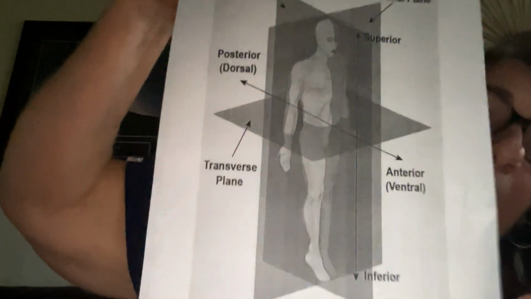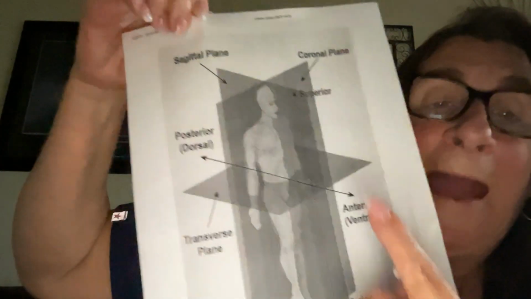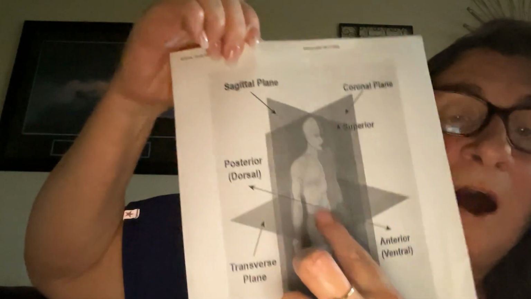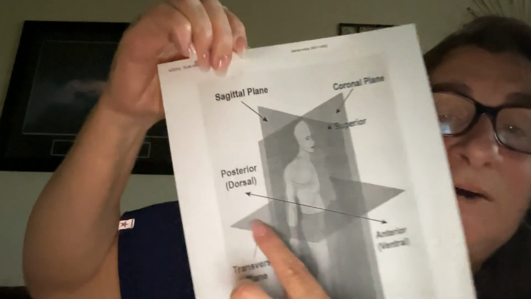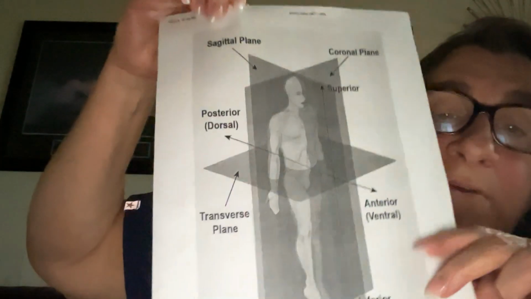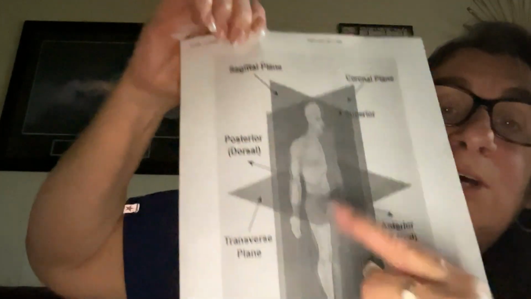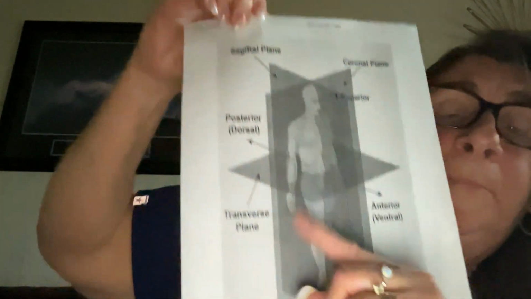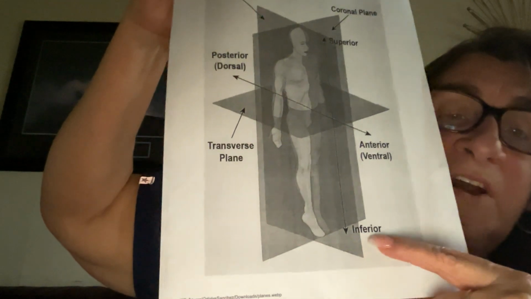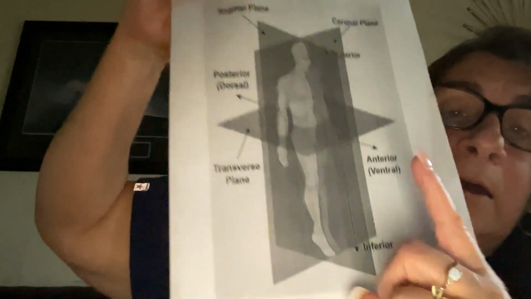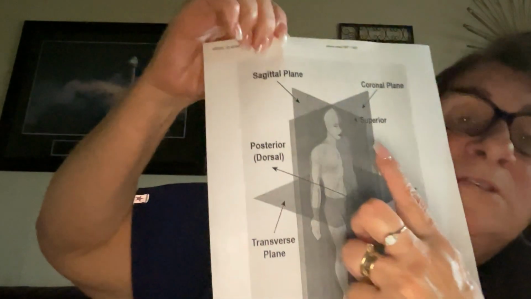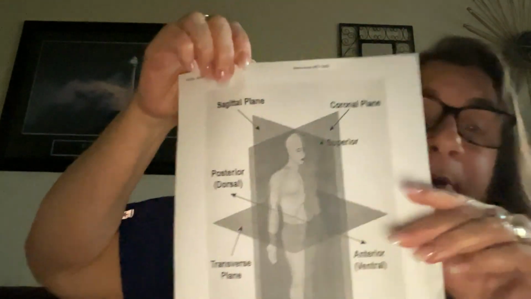See, he's in anatomical position with his hands stretched out like this. Axial, you're cutting him from top to bottom. That's axial or transaxial, some call it. Superior, going up. Inferior, down. Arrows going down. Superior is going up.